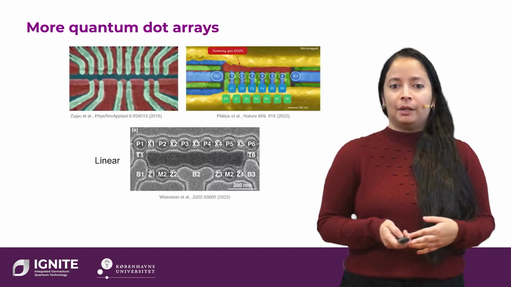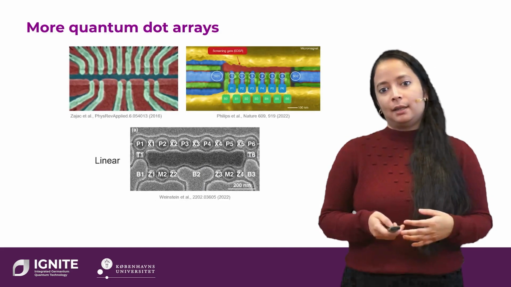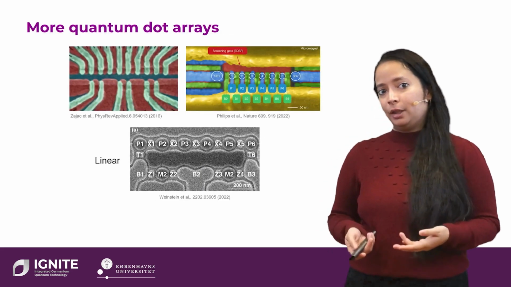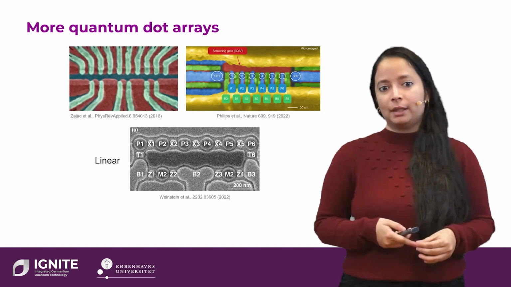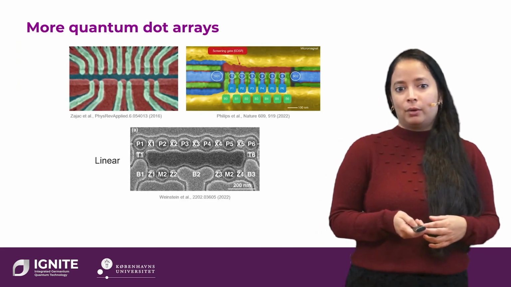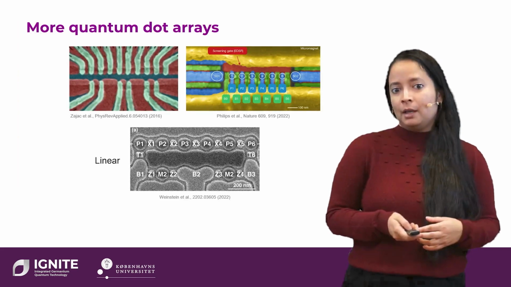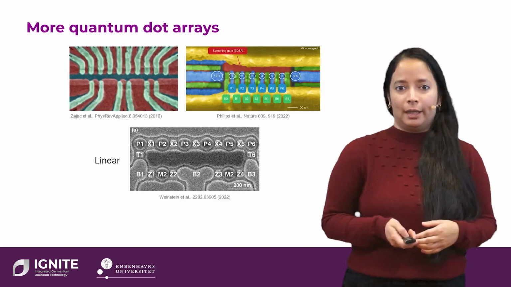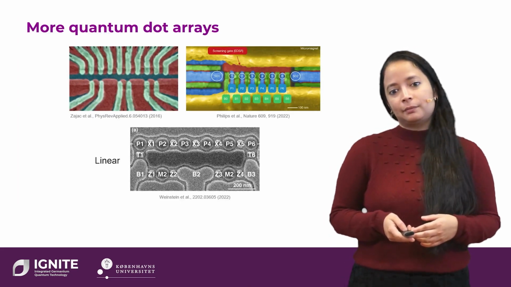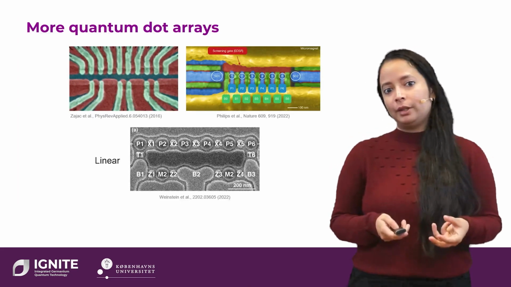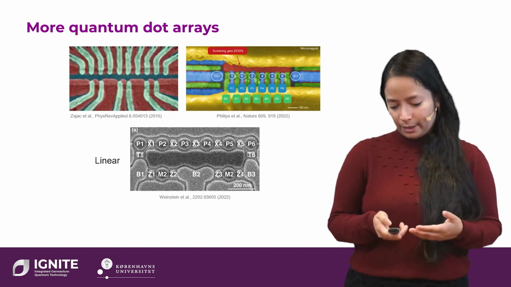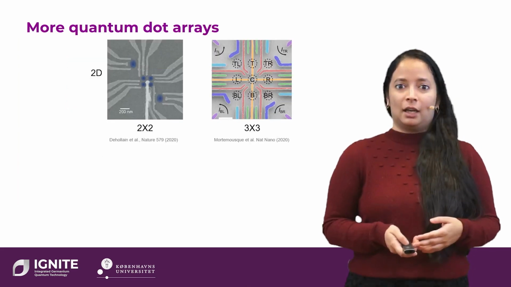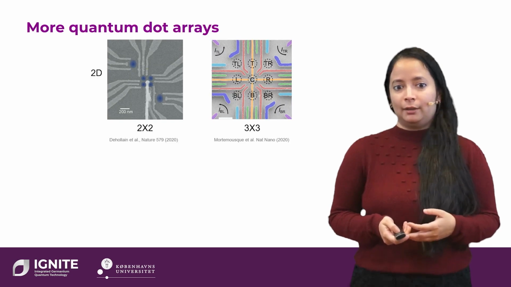And one of the things that you can see is that other arrays, including ours, are getting very, very complex. Here are some devices. One is from Princeton, one is from Delft, and the other one is from HRL Laboratories in the US. These are linear arrays, but you can already see that they're quite complex. If you look at 2D arrays, they also are getting very complex.